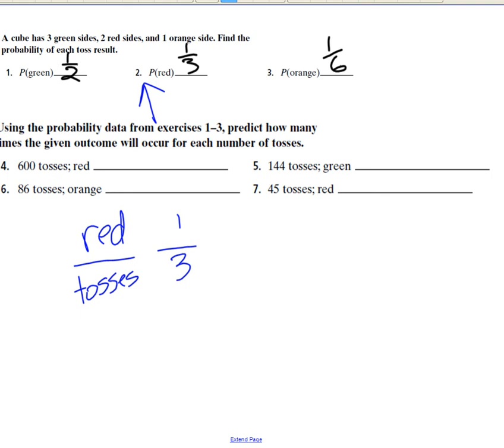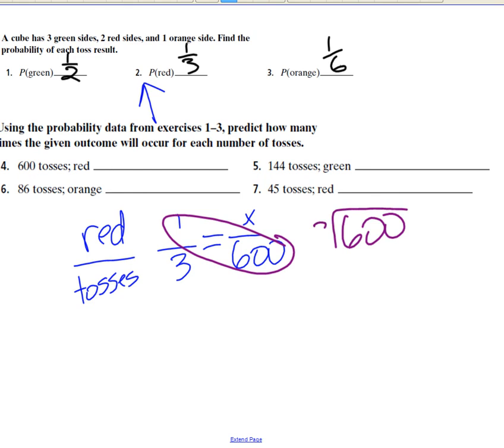So we should get 1 red for every 3 times we toss it, equals some number over 600. Okay, Jace. So 1 times 600 is 600. Divided by 3 is 200.